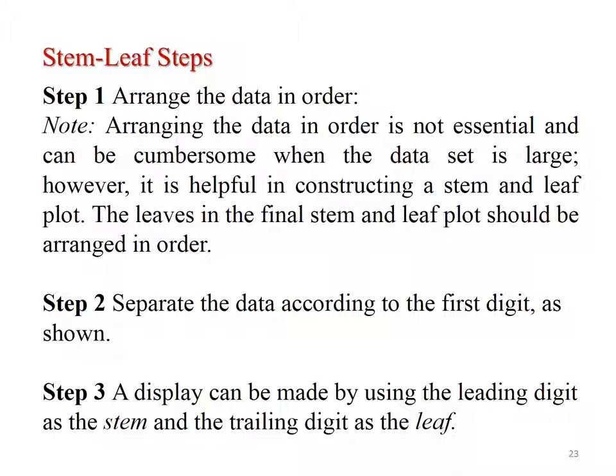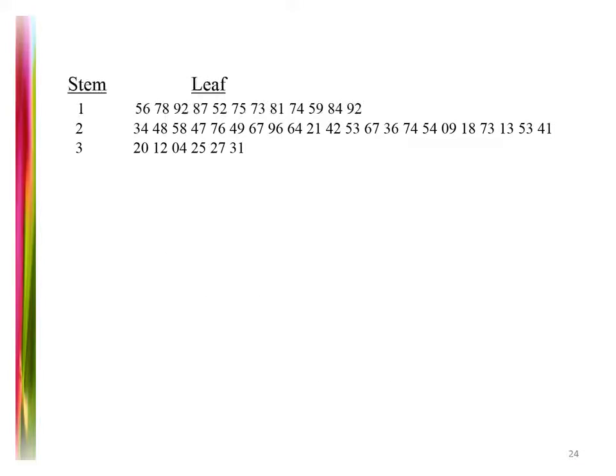Step 2. Separate the data according to the first digit as zone. In this case, the first digit of 100 is 1. And step 3. The display can be made using the leading digit as stem and the trailing digit as leaf. So this means 156, 178, 192, 187, 152, up to the last one, 331.